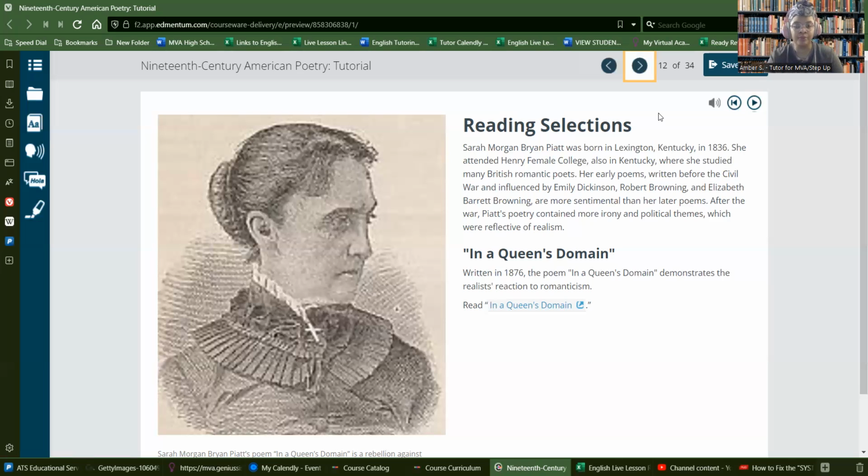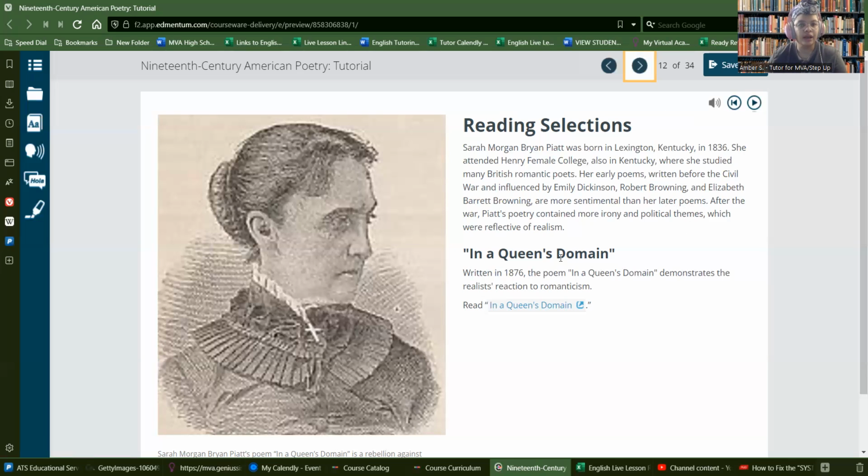Sometimes it's important for people to actually see realistic portrayals of what's happening in life around them, because if you give people too much fantasy, they'll start to think that that's really what life is like instead of just taking it for entertainment purposes. So it pretty much tells you here in the information about her that she had more irony and political themes. So that tells you that she was trying to give people a little more real information about the situation around them and what was going on in Britain at the time.